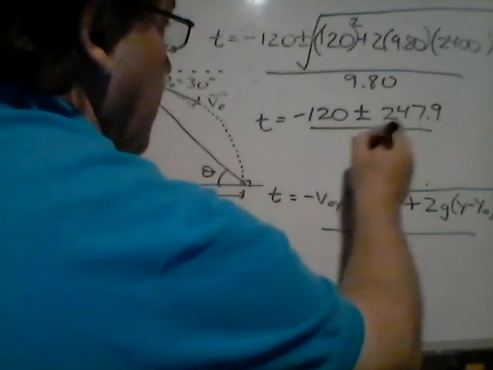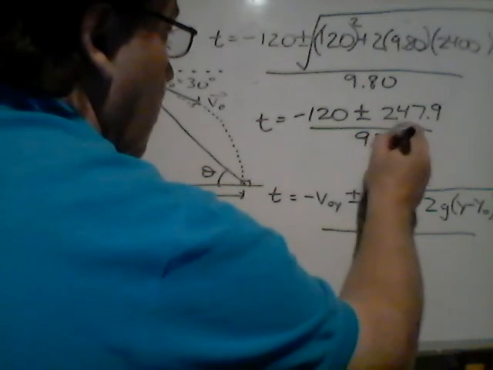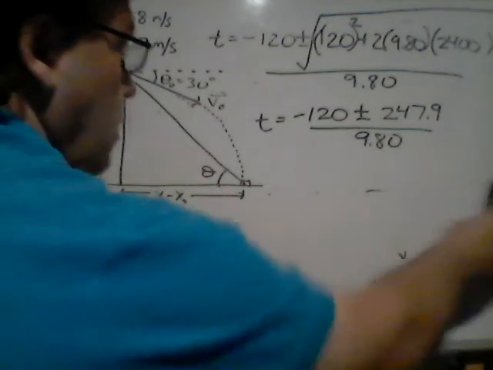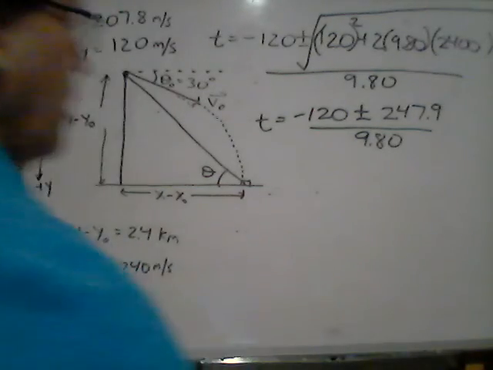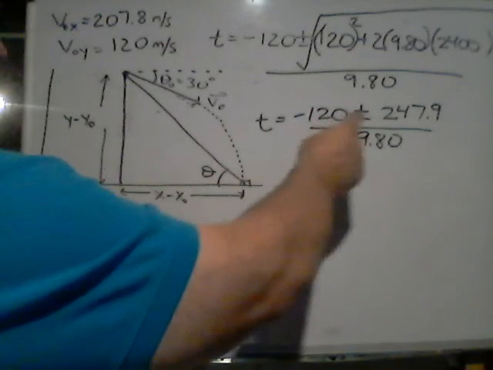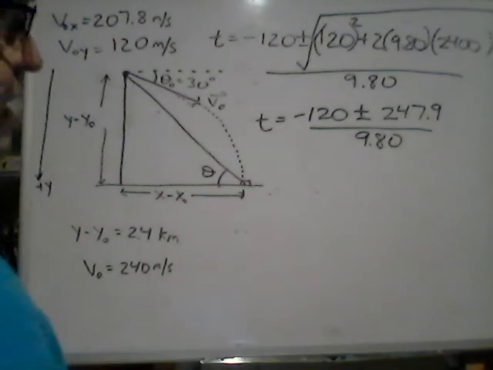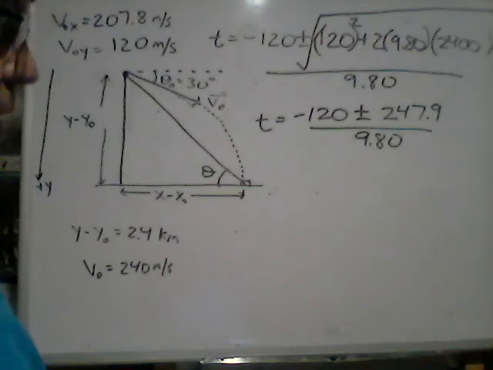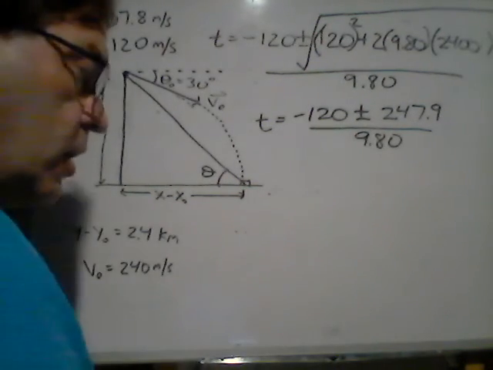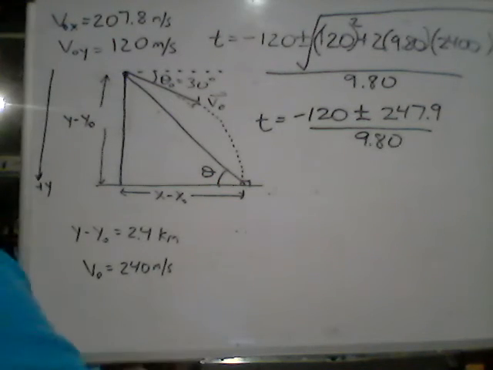And all this is divided by 9.80. So again, what you're going to see is that you have two solutions. The root that's positive, well, this negative 120 plus 247.9, that's going to be a positive value in the numerator. However, if you did the negative, you'd have a negative value. You know that the time cannot be negative.